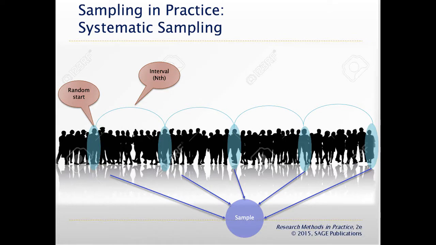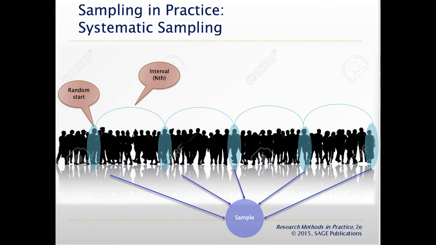The first approach is the simplest and oldest of these. It's called systematic sampling. And it's used when you don't have a list to use as your sampling frame. You can use it with a list, but it's often used today for things like exit polling.